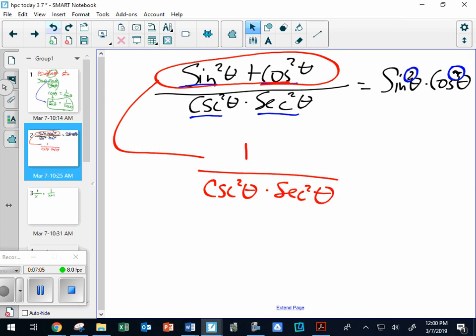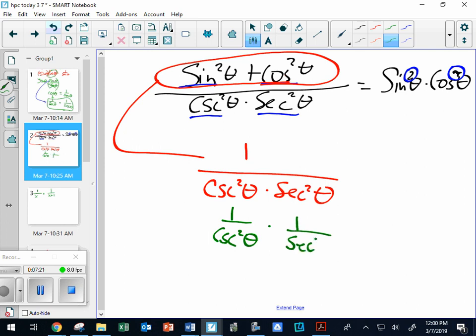Now, if it helps you, you can do simple math, like breaking these up. Now, you don't have to do this. I'd be okay if you did it without this step. But do you get this is the same thing? I just broke it into 2 pieces. That's that times that.